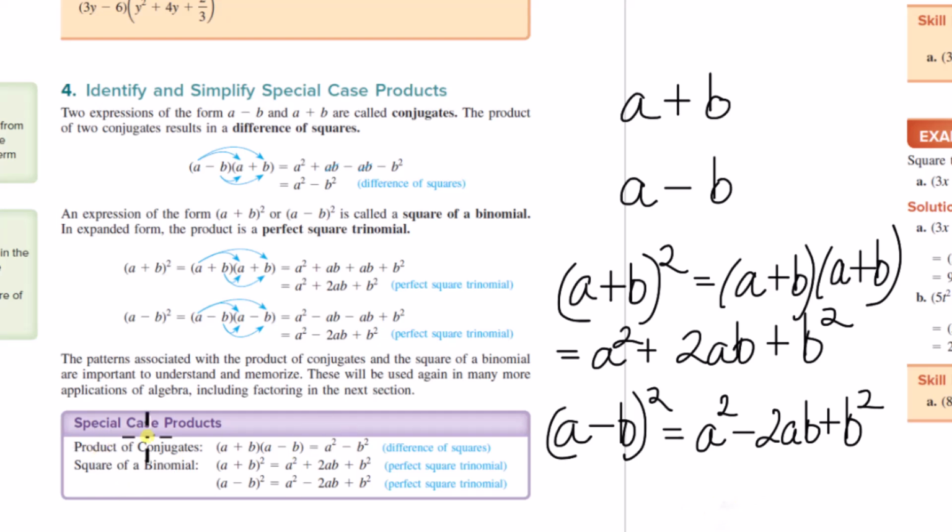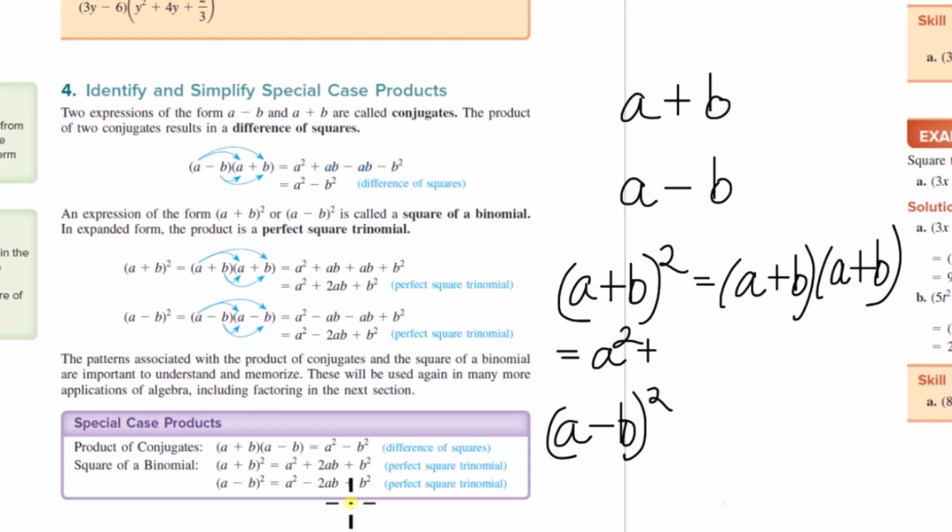Okay, so these special case products: we've got the product of conjugates, a plus b times a minus b is a squared minus b squared. And then the square of a binomial, where you get these perfect square trinomials, either one of these. But again, you can apply this to any types of terms, because any algebraic expression is a placeholder for a number.